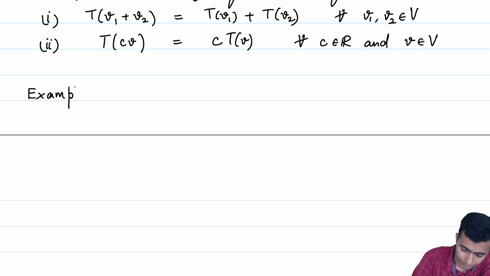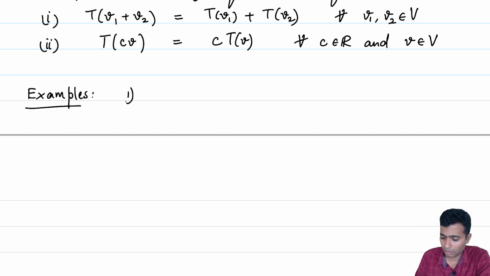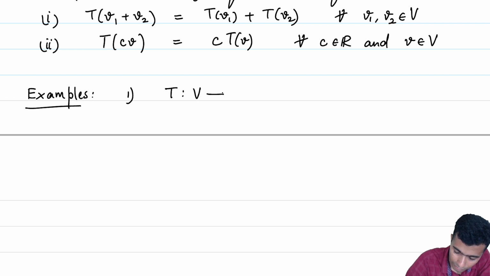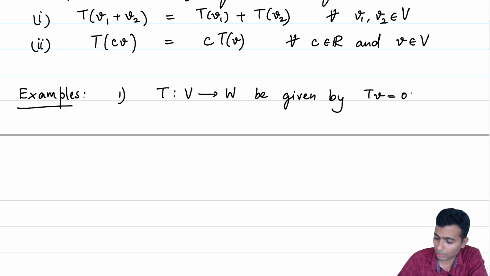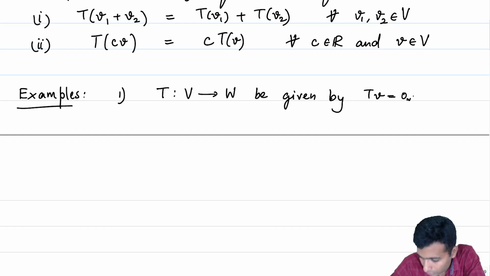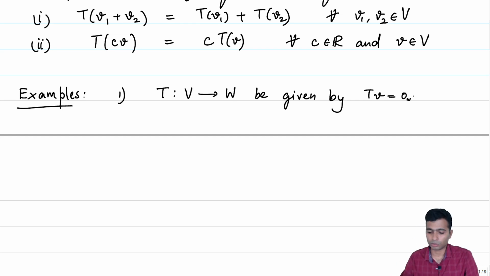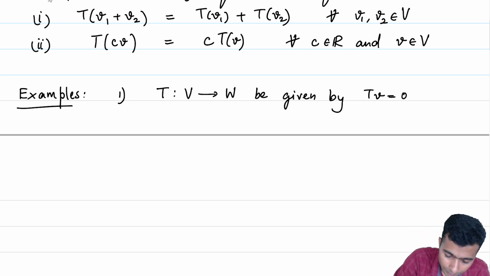The first example, and I should say the simplest example, will be the map T from a vector space V into another vector space W given by T of V is equal to 0, the 0 of the vector space W. Let me just write it once or twice to point out that this is where all these things are happening.